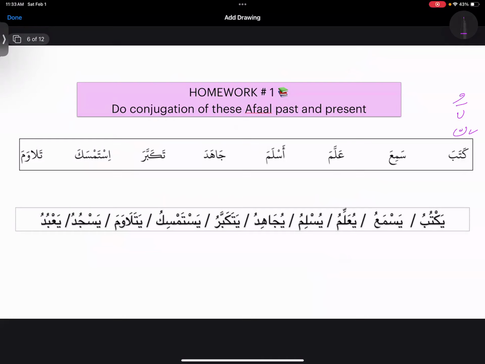That means when you are converting Kataba into Mudari, you give the middle root letter a dhamma. Now you guys do it. Kataba yaktubu, yaktubuna, huma yaktubani.